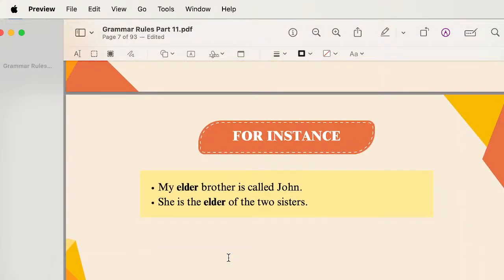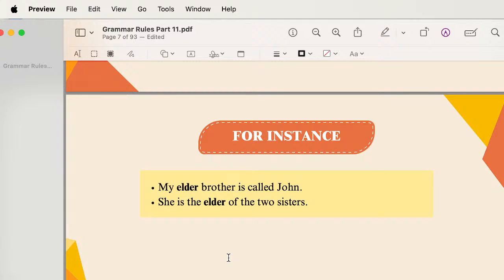For instance, just read the example. So my elder brother is John. Now I'm talking about my brother who's a part of my family and also considered a sibling. Therefore, elder is the most appropriate word that you must use. Similarly, she is the elder of the two sisters.